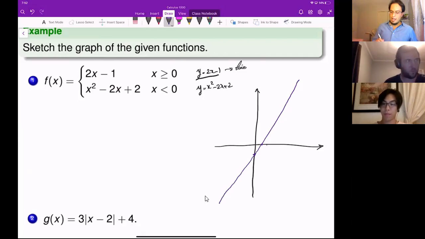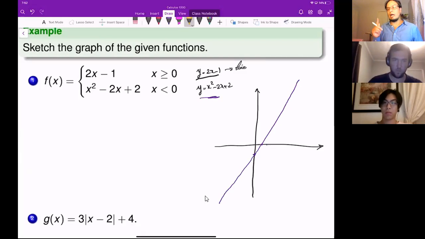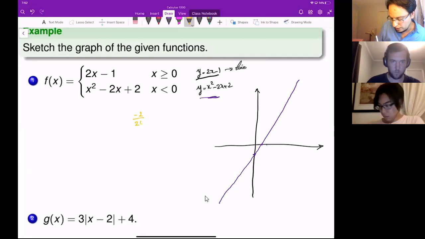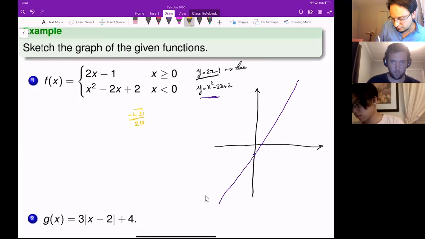Okay, and the other one, the parabola. I will try a different color there. When you have a parabola, you first find the x component of the vertex, that's -b/(2a). Here b is -2, so minus b over 2a gives you 1.